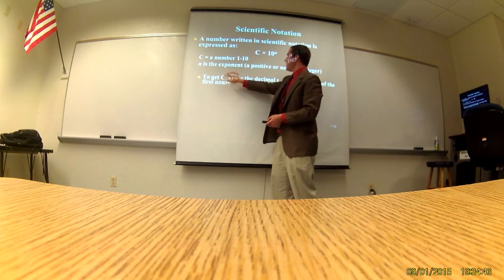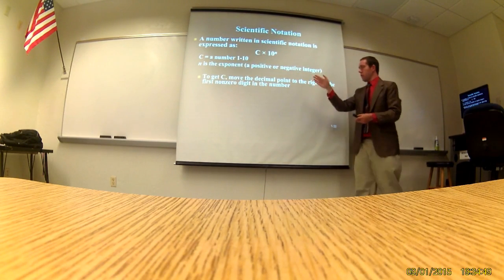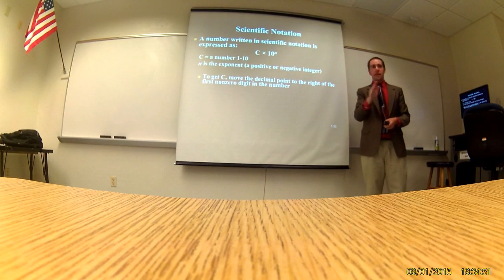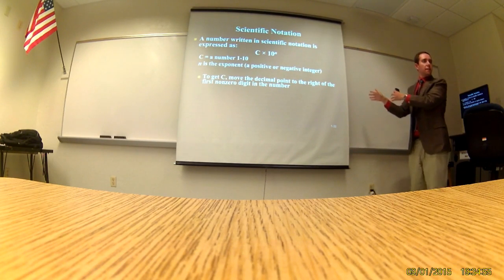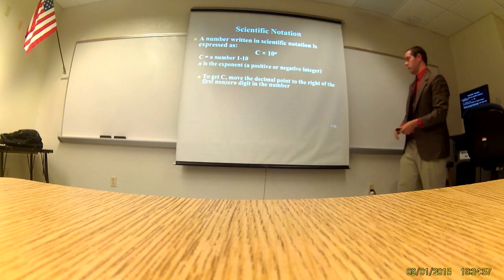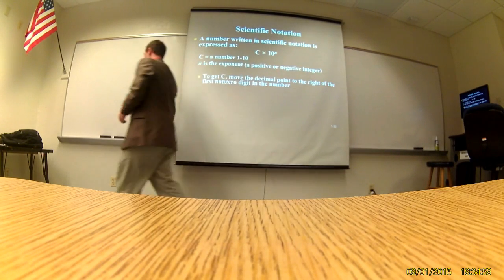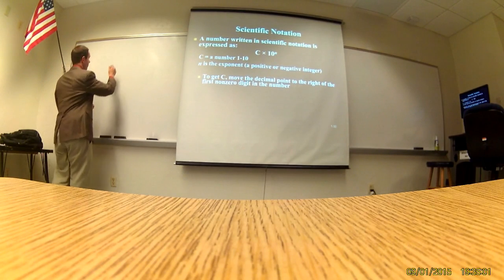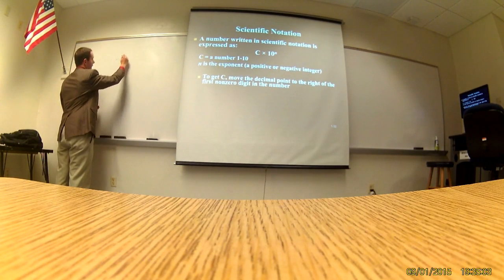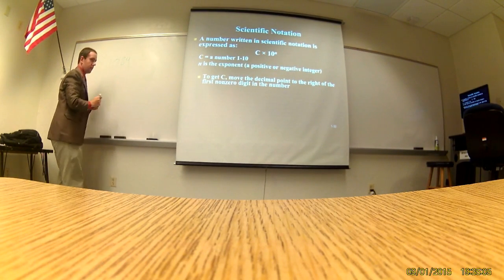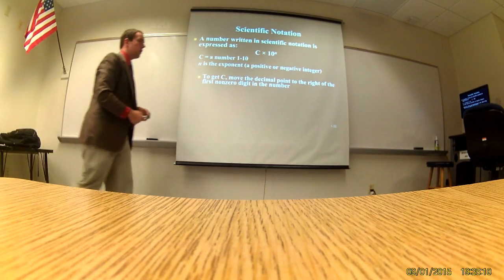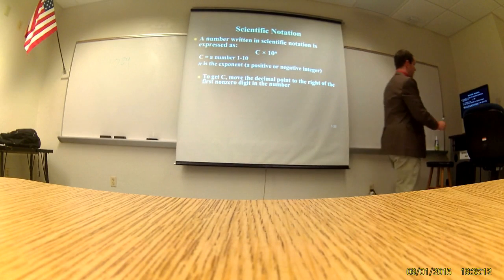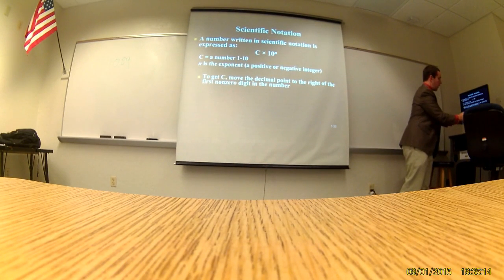The way you figure out the number is you put the decimal point to the right of the first non-zero. So if I have 1084, what is the first non-zero digit? The 1.